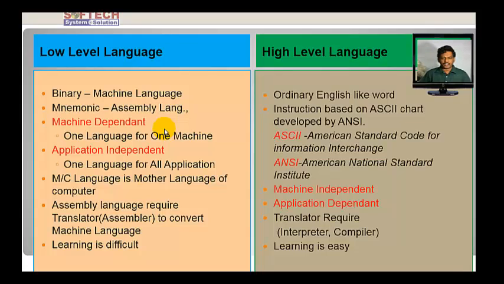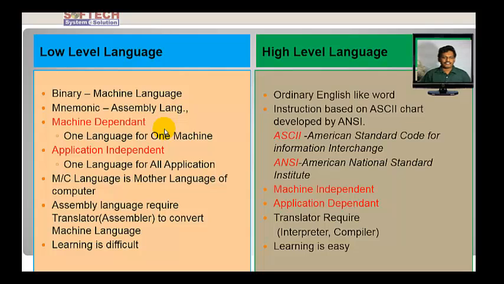This is one language for all applications, and it is called application independent. One language to one machine is machine dependent. One language for all applications is application independent. So low-level language is machine dependent and application independent.